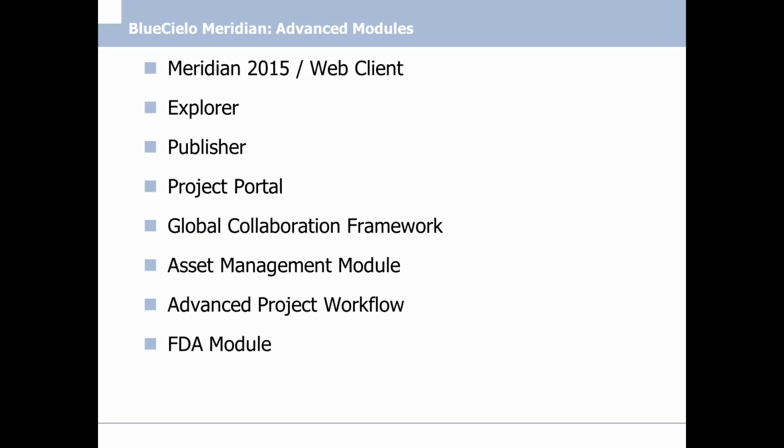Publisher for doing PDF renderings and other functions. Project portal for outside the firewall collaboration with outside engineering firms and contractors. Global collaboration framework for multi-site replication. Asset management module for integrating with in-house maintenance systems.